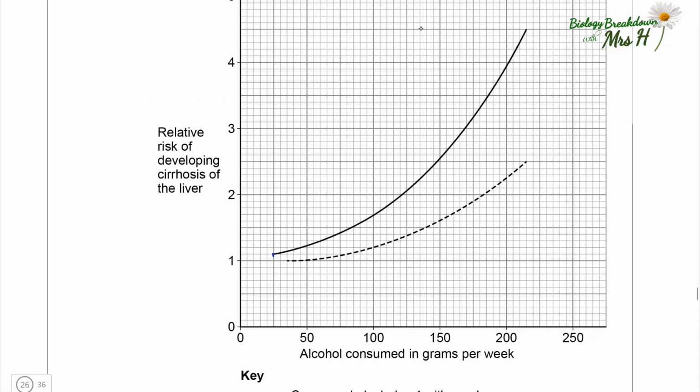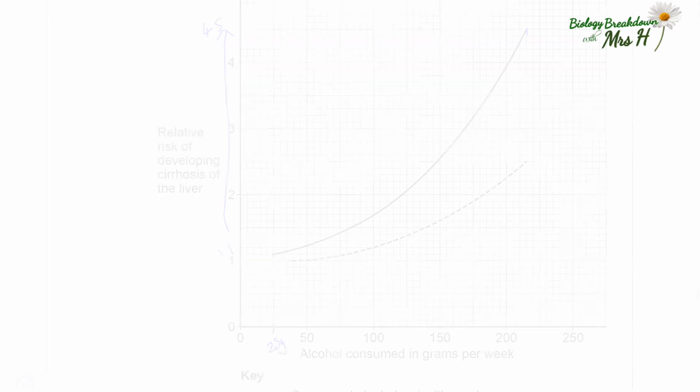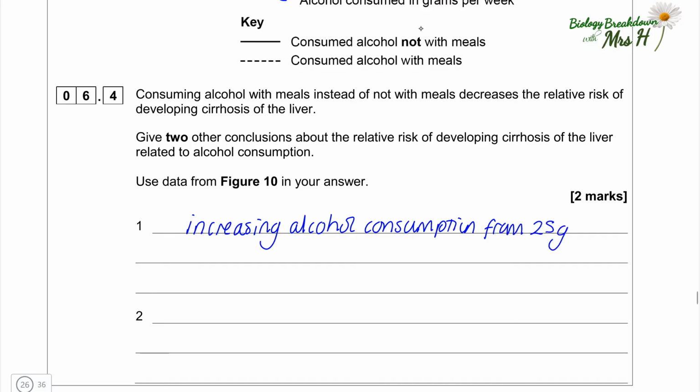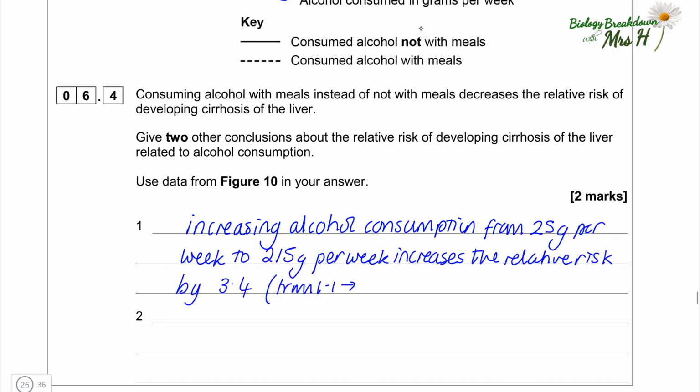The thing that strikes me is that if you increase the alcohol consumption from 25 grams to 215 grams, which is where the consumed alcohol not with meals starts, 25 grams, and then it finishes at 215 grams, there is an increase from a risk of 1.1 to 4.5. That's an increase of 3.4 relative risk of developing the cirrhosis of the liver.